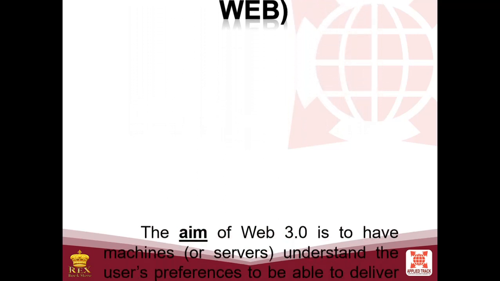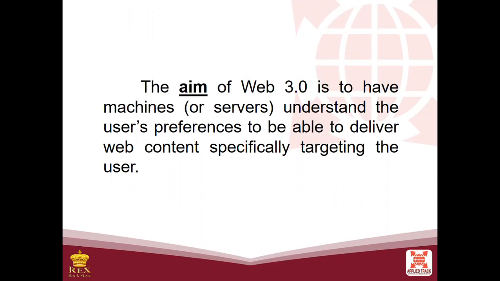So the difference is that this one actually works through the use of servers or machines, where they will be able to understand the user preferences to deliver specific content to a specific user.